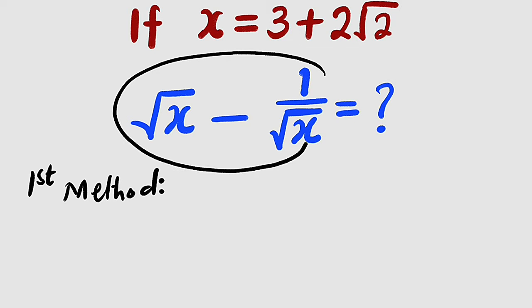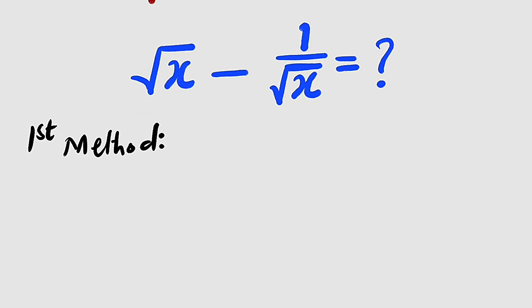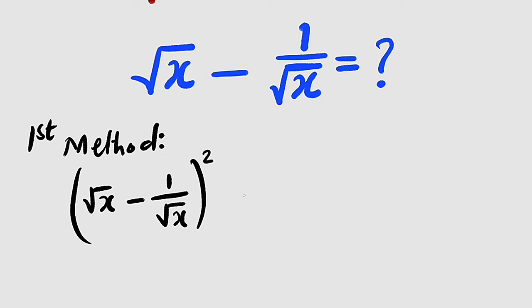Let us square this expression first. We have the square root of x minus 1 divided by the square root of x, all squared. This is equal to: you take the first term and square it, the power of 2 will eliminate the square root, leaving only x, plus, do the same thing to the second term.